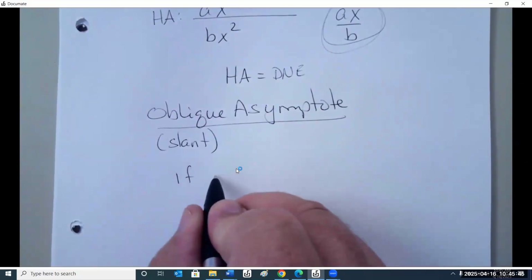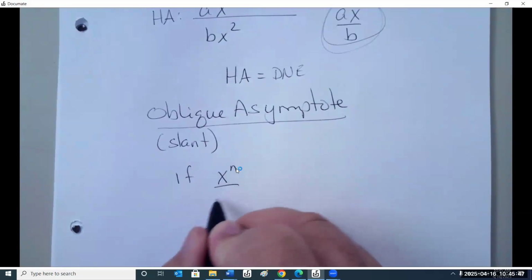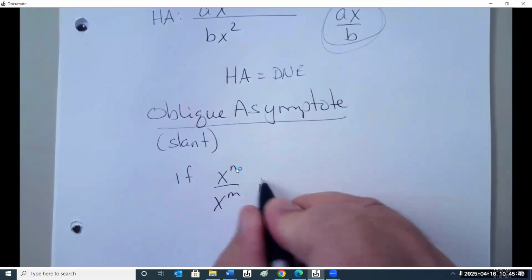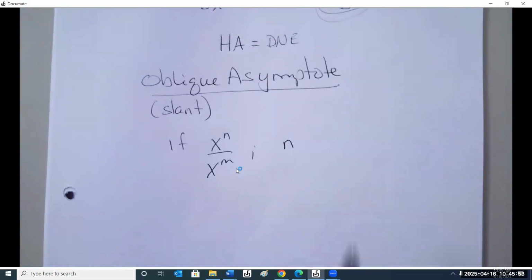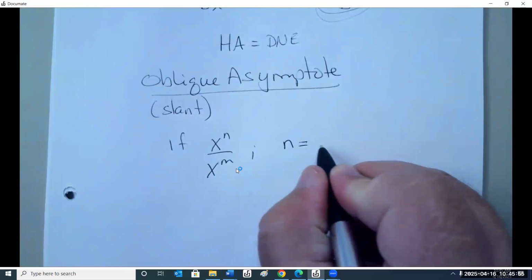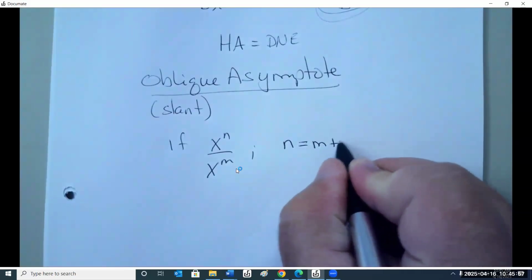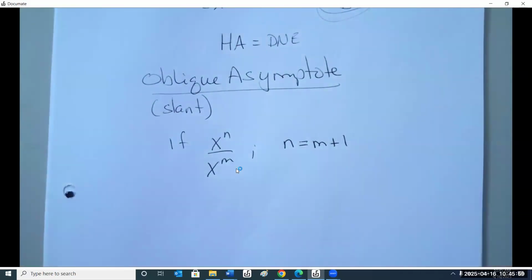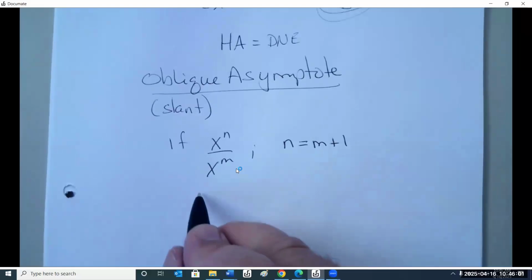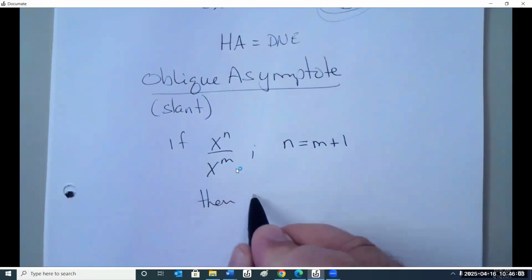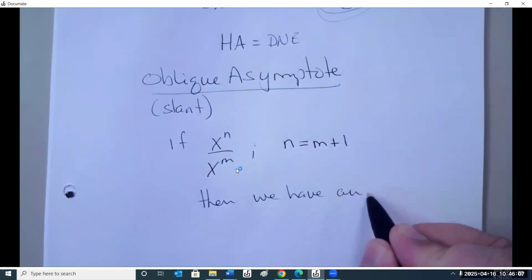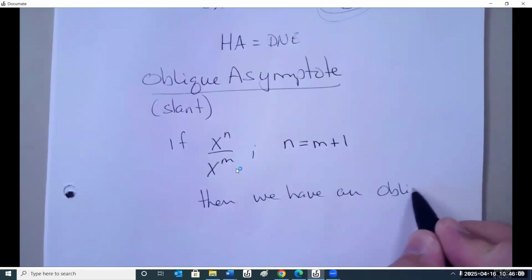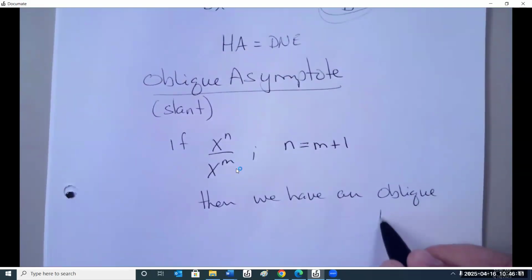If the top exponent is equal to the bottom exponent plus 1, if it's bigger than the bottom by 1, then we have an oblique asymptote.